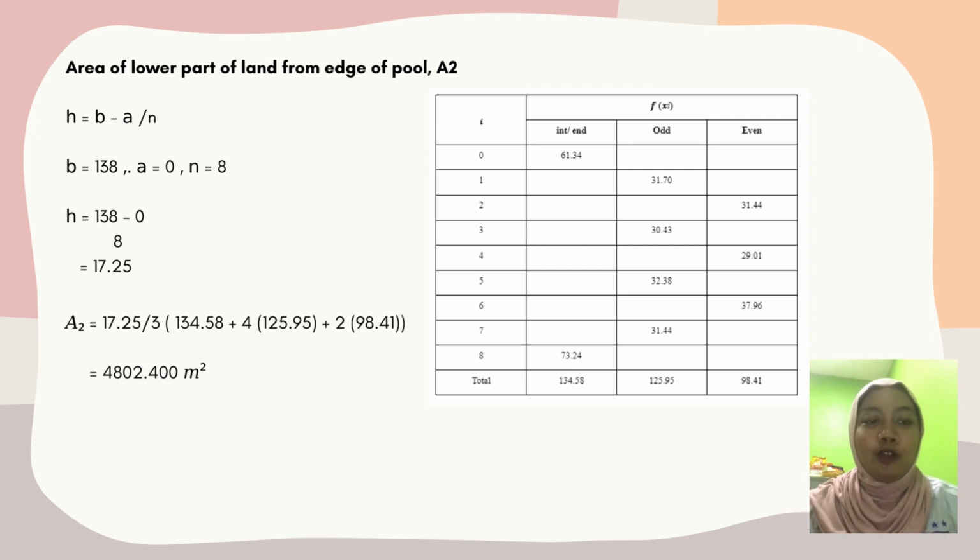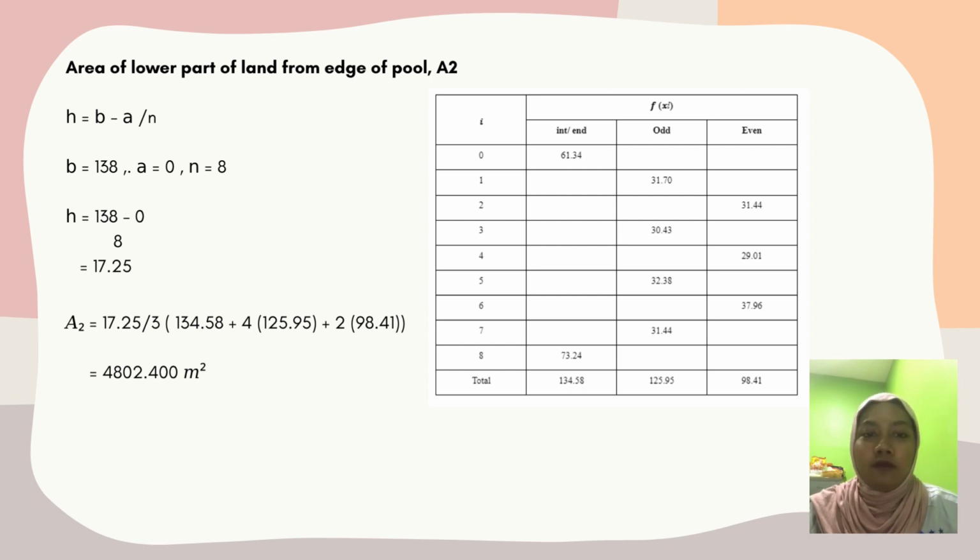Assalamualaikum warahmatullahi wabarakatuh and very good evening. My name is Nur Hamiza binti Hafiz and my matric number is 210308. So we go to the area of the lower part of land edge of the pool, which is A2.